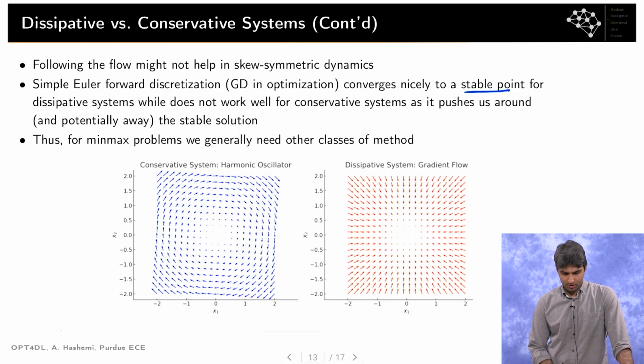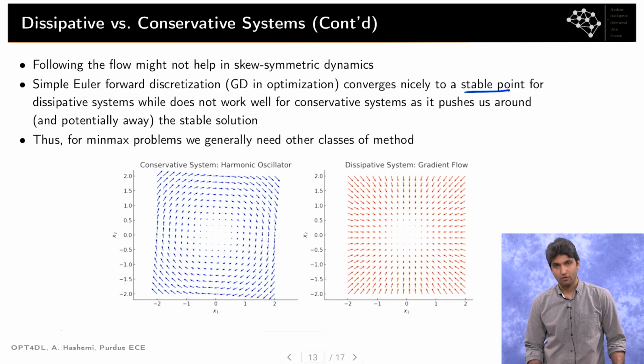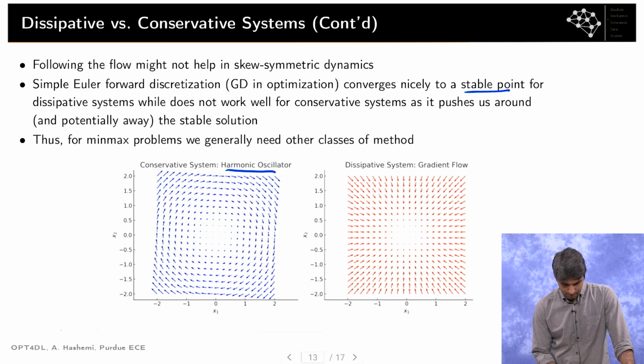Now, in this plot, I'm trying to show how the flow for a dissipative system and a conservative system look and differ. On the left-hand side, the blue curves show the conservative system, in particular the harmonic oscillator that we talked about in the previous slide. These arrows represent the direction of the flow locally, and here I have the equilibrium.